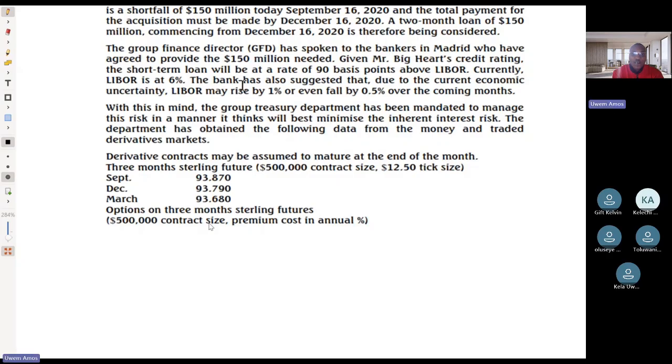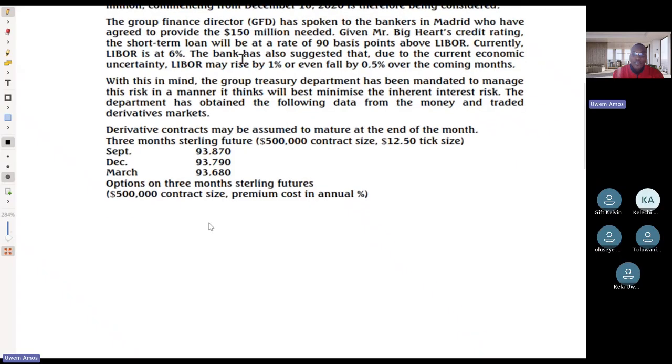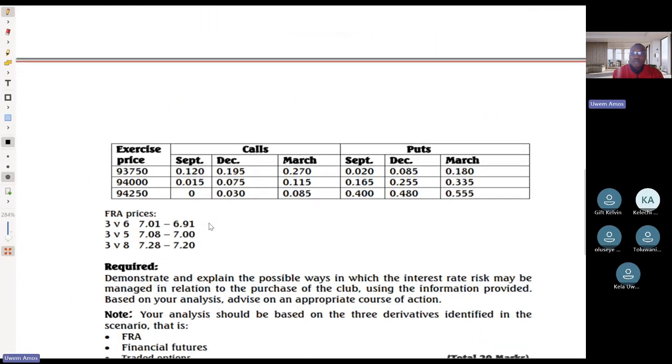We have 500,000 contract size. We have the premium cost, and then we have details on the options. FRA prices. So we have the 3 FRAs there. We have 3v6, 3v5, 3v8, and then we have the prices for them as well.